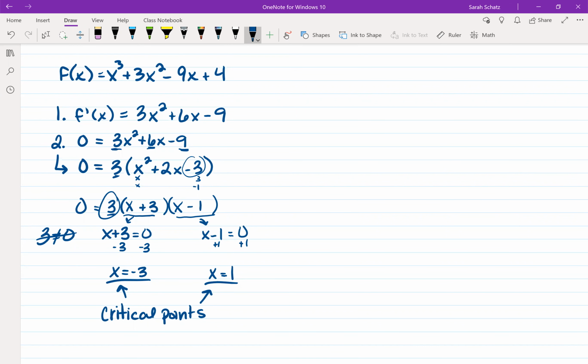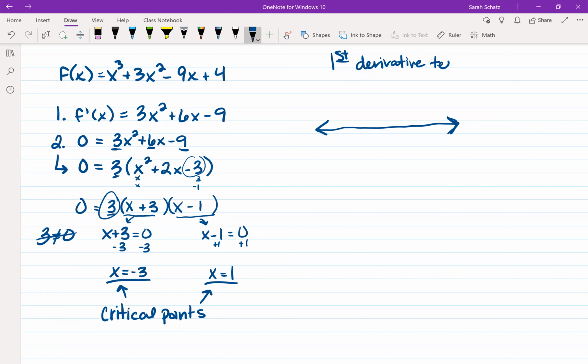Now I have to do all the other stuff. I have to find out, is one of them a max? Is one of them a min? Where is it increasing or decreasing? And remember, that's where I use the number line. Another way to say test on the number line is to use what we call the first derivative test.